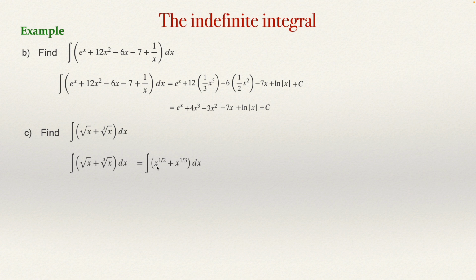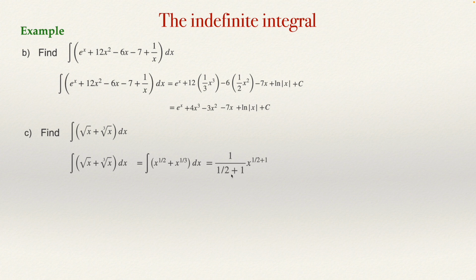So the integral of the first plus the integral of the second. And the integral of the first, x to the power 1/2, remember add 1 to the exponent, and the new exponent will be the denominator. So it will be 1/2 plus 1, the exponent, 1/2 plus 1, and also 1/2 plus 1 will be the denominator.